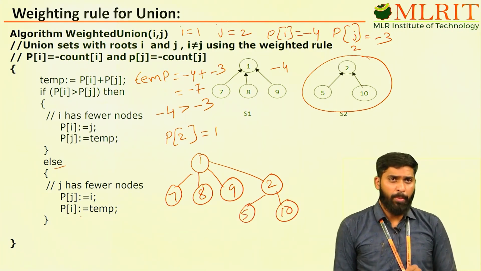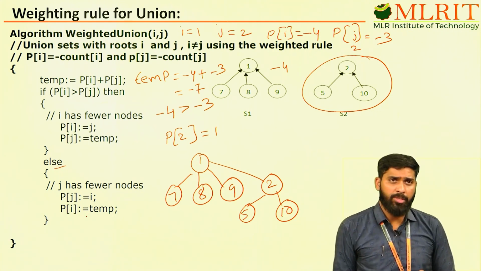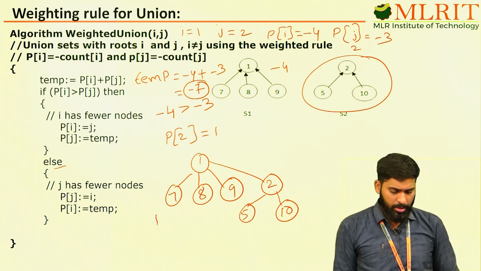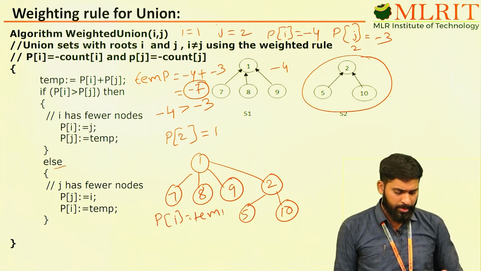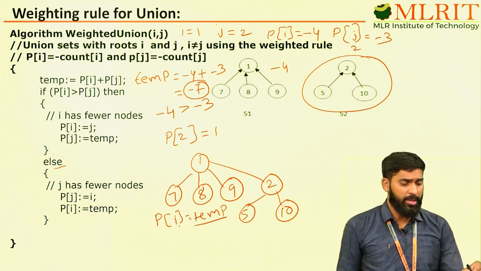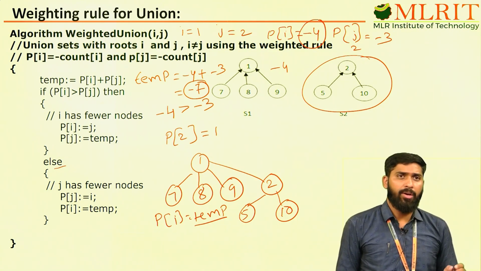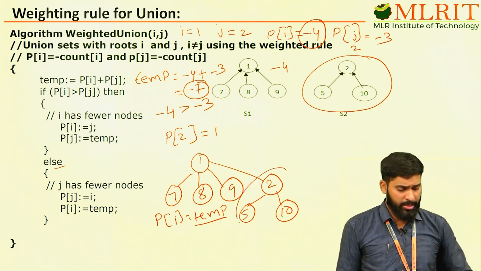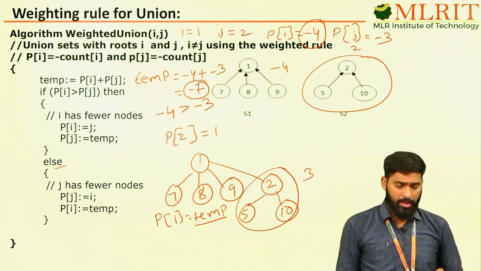Now what is the count? P of I equals temp. What is the temp here? Minus 7. So P of I represents the count value. Initially it is minus 4. Now we make S2 a subtree of S1. It contains 3 nodes, so P of I contains minus 7.